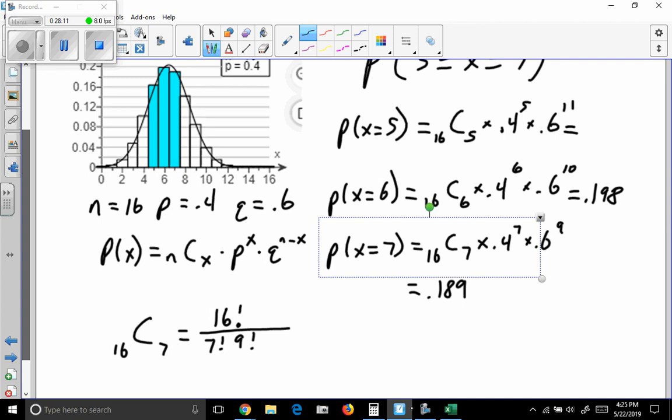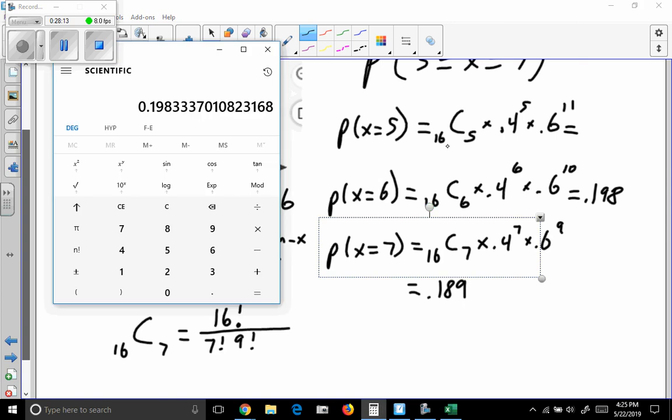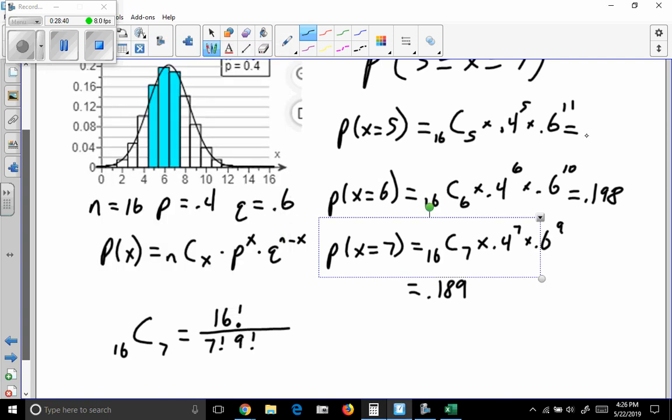And then this other one, that's 16 factorial divided by the result of 5 factorial times their difference, so 11 factorial. So that's the number of combinations, so times 0.4 to the 5th times 0.6 to the 11th, 0.162.